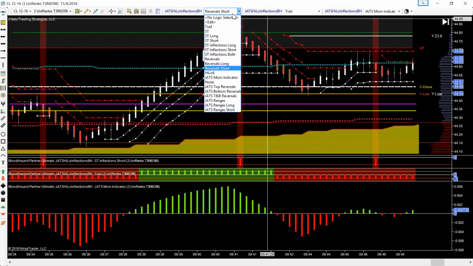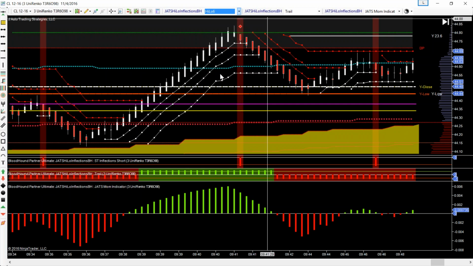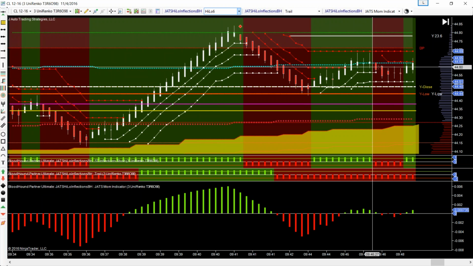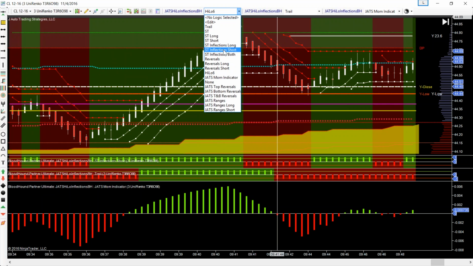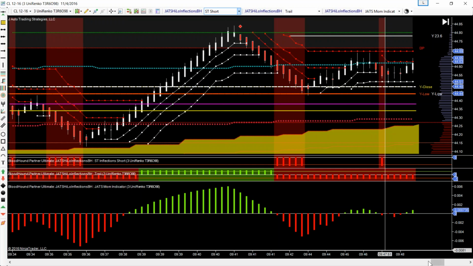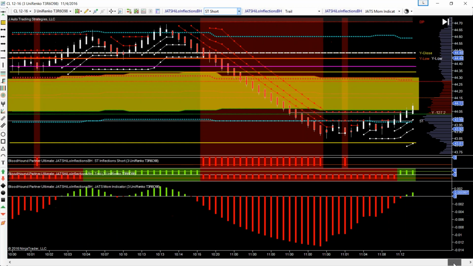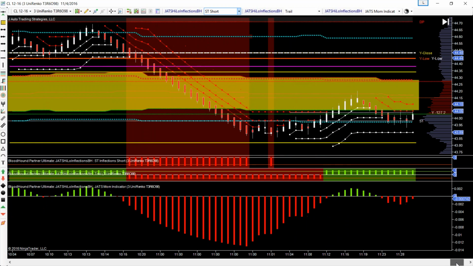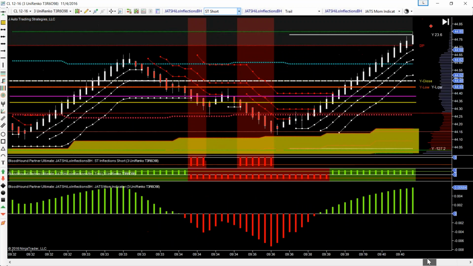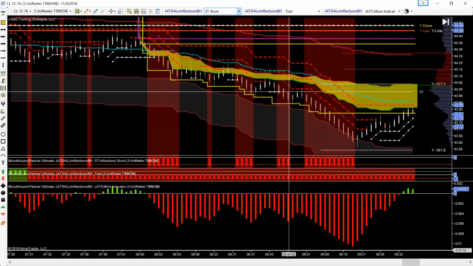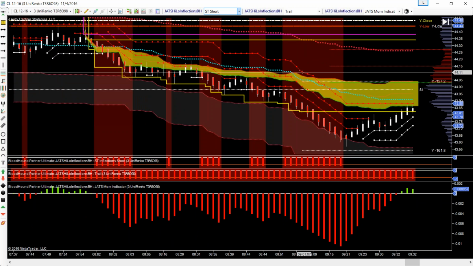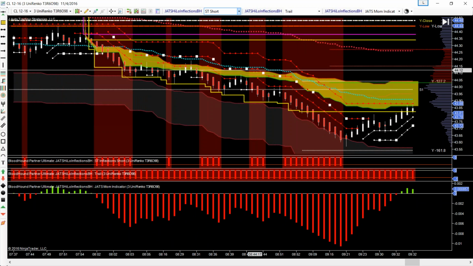And I have several different setups, if you want to see exactly how price is trading, tick by tick, up or down, or if you would like to see just your short-term trend opportunities, this is set up with the volatility bands.